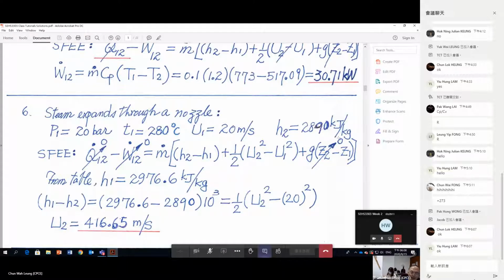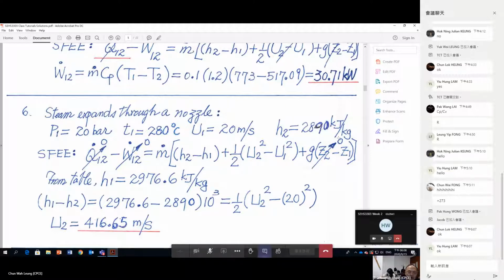U1 is 20, U2 unknown. But here got to be very careful because H is in kilo. H is in kilojoule. But the other side, kinetic energy, when you work it out, is in joule. The other side is in joule.